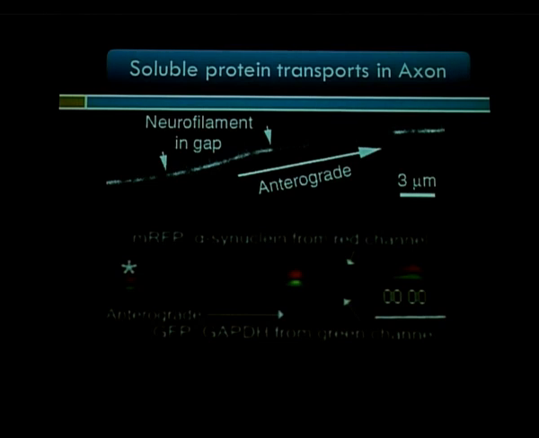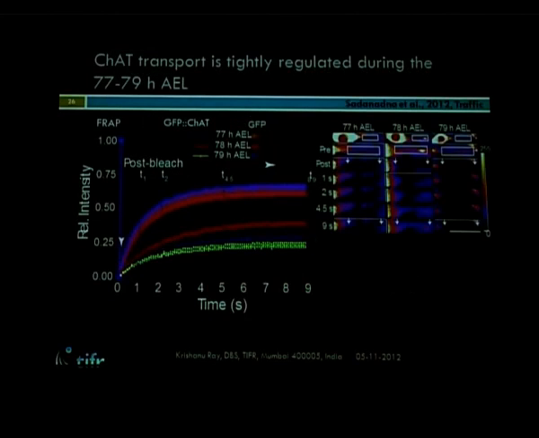The question is, how does this movement get regulated? What we found was that this movement is not constitutive. It happens only for a brief period during the larval lifespan, and the example is shown here that it picks up around the larval age of 78 hours, and then it comes back again within an hour.